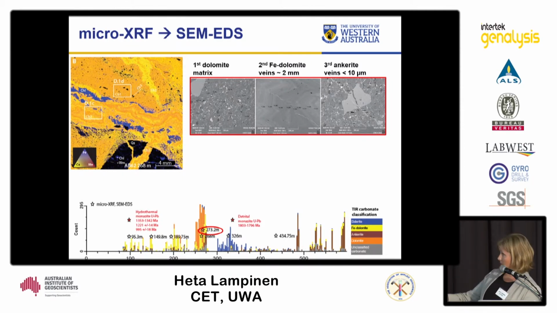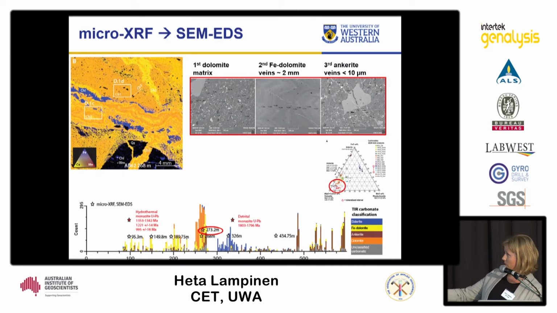So that's the matrix, the vein, and then a later carbonate vein. And these are the EDS point analysis results. Here is a more stoichiometric dolomite, a stoichiometric rhodochrosite, and then more of a siderite composition.